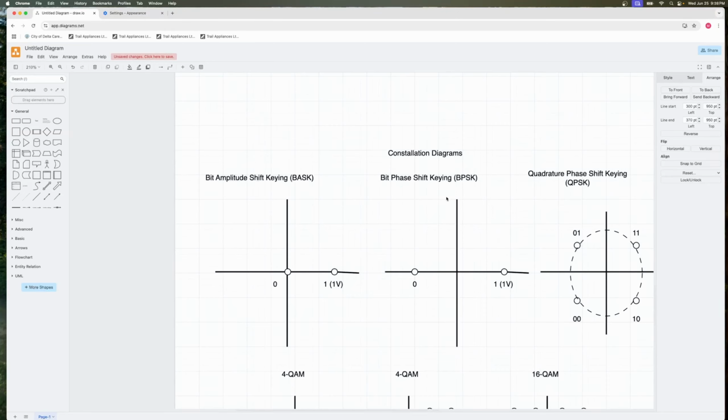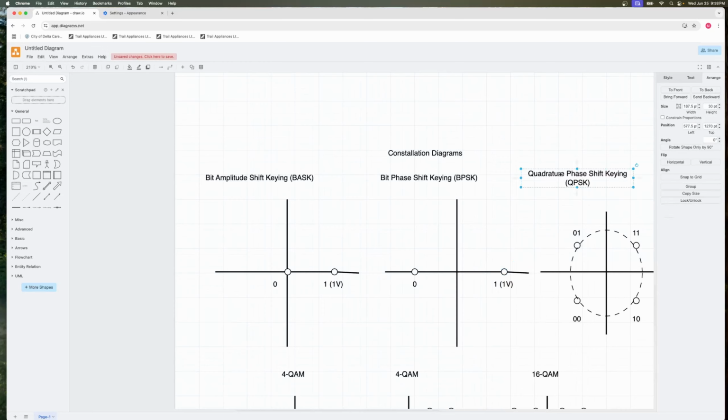Bit phase shift keying, because it shifts left or right along the x-axis, we're going to be having the 0 on the negative part of the x-axis, and then the 1 bit on the positive side of the x-axis. And here we represent it like this.